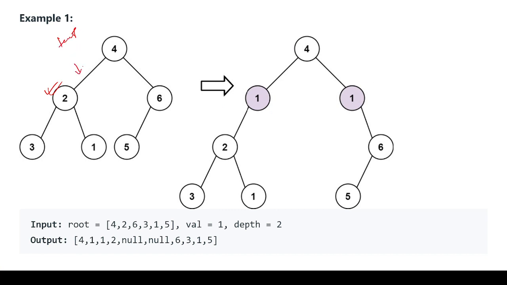So temp.left equal to root.left, where root is the current node. Automatically it will come here now as a new node. So the root node's child is now the temp node, and the temp node's left is now this node.